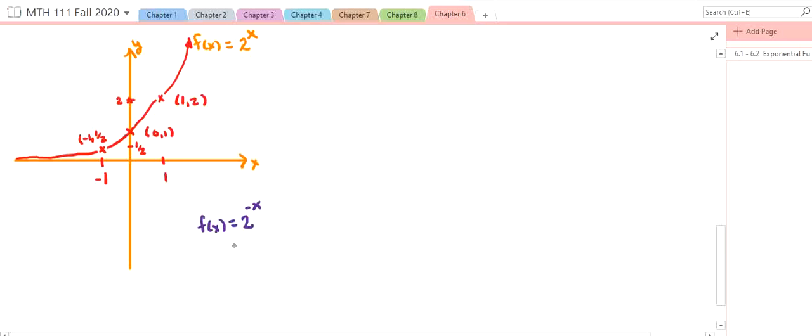Well, again, this is 2 to the x raised to the minus 1. So that means this is 1 over 2 to the x. It's one way of looking at it.